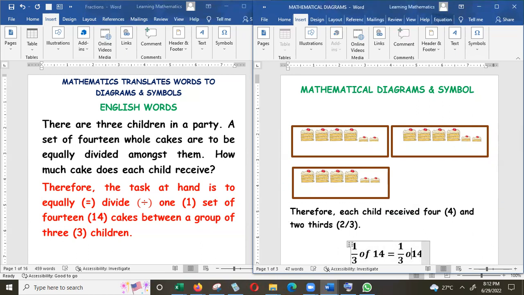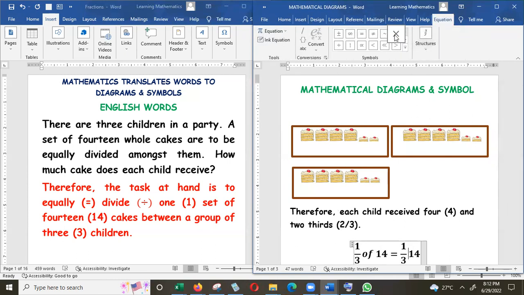So that's 1/3 times 14 is equal to 1, 2, 3, 4, and 2 thirds. Okay, a third times 14 is 4 and 2 thirds. 1, 2, 3, 4, and 1/3, 2 thirds.